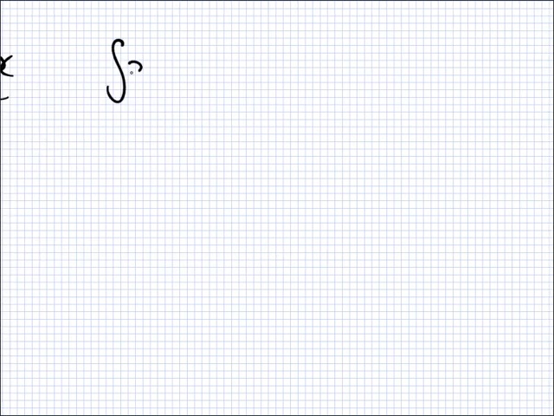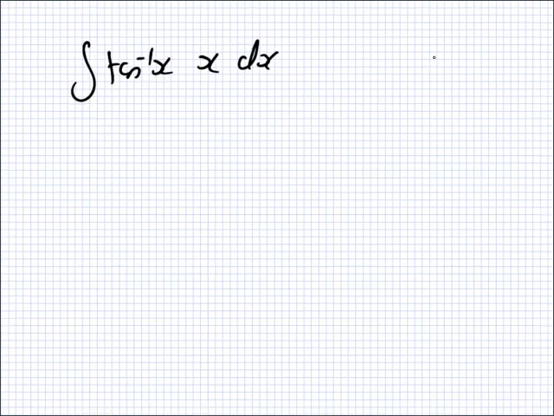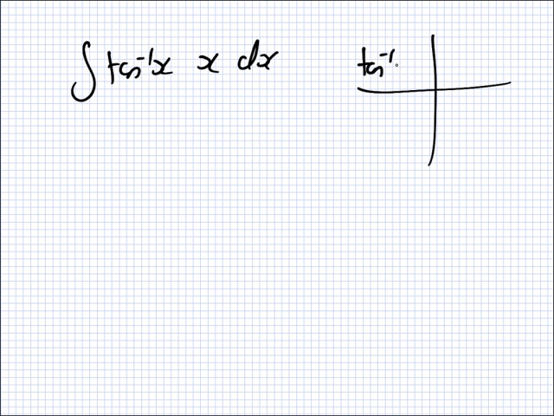And I don't think this one will be too bad, because I think this will be another by parts, isn't it? Is it the right way around? L-I-A-T-E. All right, so F is tan inverse. Sorry, you were right, yeah. F is tan inverse, and its derivative is 1 over 1 plus x squared.